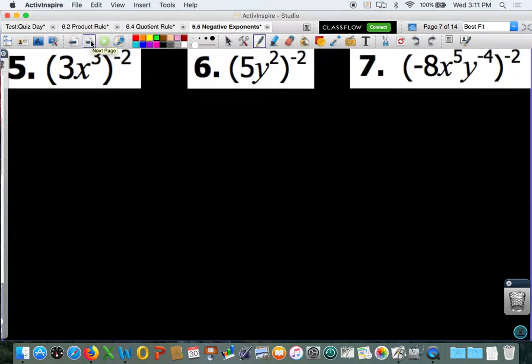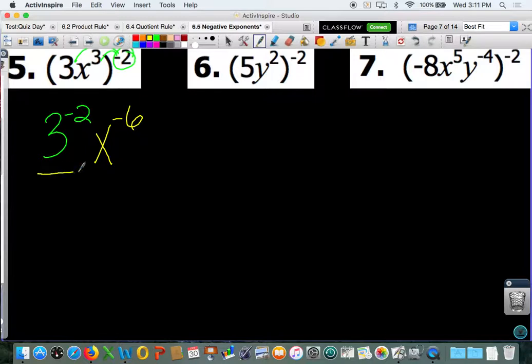Alrighty, so I'm looking at 5. We have to distribute this. Remember, it has to be distributed to everything, not just the x to the cube, but to the 3 as well. So now I've got 3 to the negative 2, and x to the negative 6.